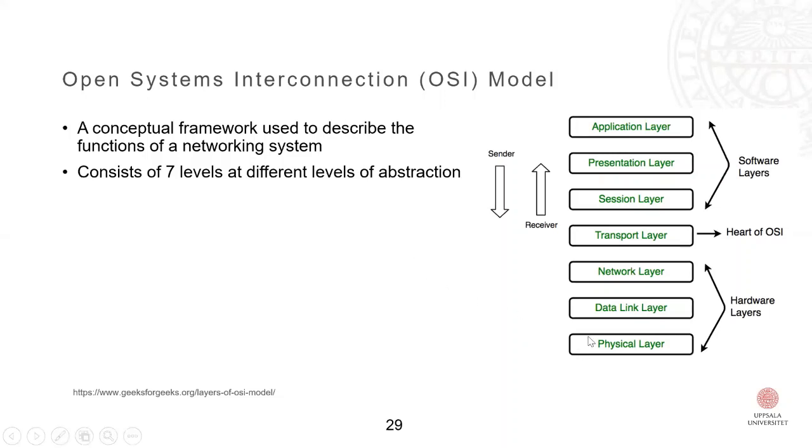So you see here, it starts from the bottom with the physical layer, then comes the data link layer, network layer, transport layer, session layer, presentation layer, application layer. When we work with computers and want to send data, for example send emails, we send our emails at this application level.